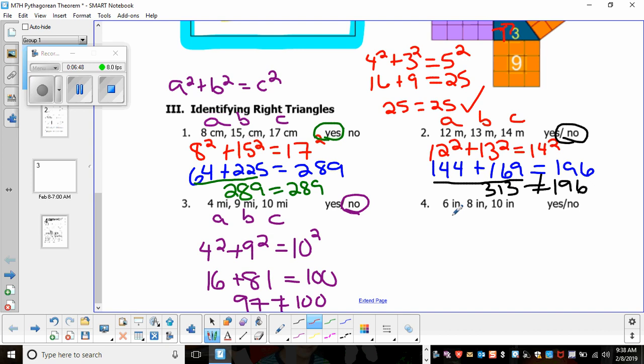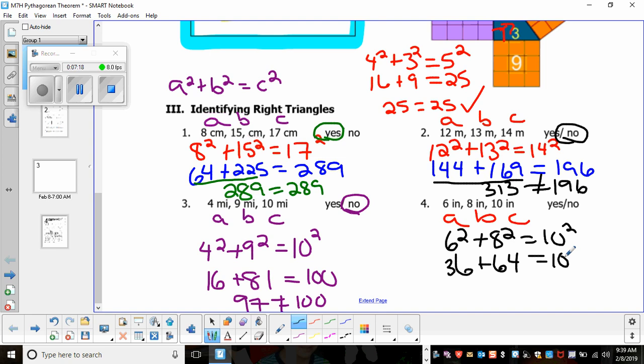Okay, last one here. This is A, this is B, and this is C. Again, how do I know 10 is C? It's the longest side, which we call the hypotenuse, across from the right angle. So we want to verify if these three sides do in fact form a right triangle. So 6 squared plus 8 squared, does that equal 10 squared? Make sure you're showing your work. 6 squared is 36, 8 squared is 64, and 10 squared is 100.